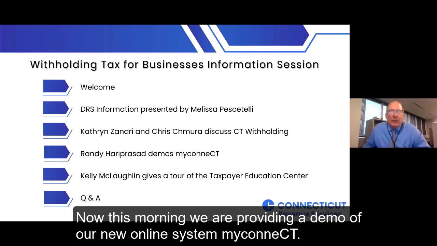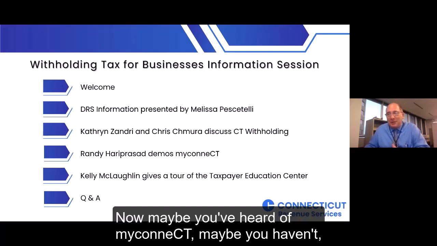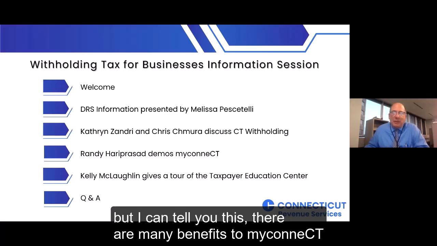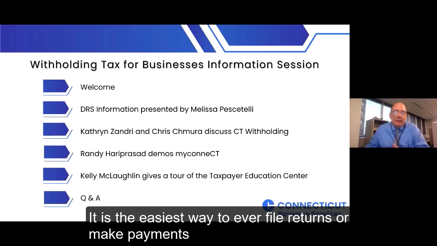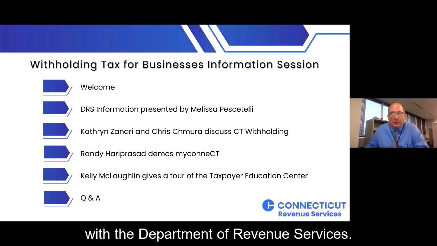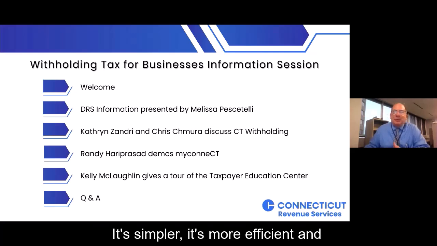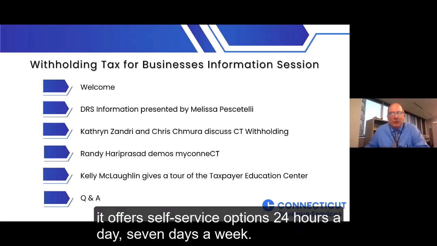This morning, we are providing a demo of our new online system, MyConnect. Maybe you've heard of MyConnect, maybe you haven't, but there are many benefits to MyConnect. Among them is this: it is the easiest way to ever file returns or make payments with the Department of Revenue Services. It's simpler, it's more efficient, and it offers self-service options 24 hours a day, 7 days a week.